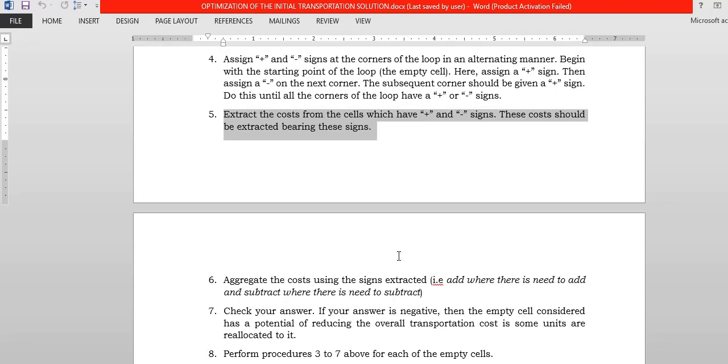So your focus should be on those cells that bring about a negative output. A negative output simply means that there's a possibility of reducing the overall cost of transportation. That is our point of focus.